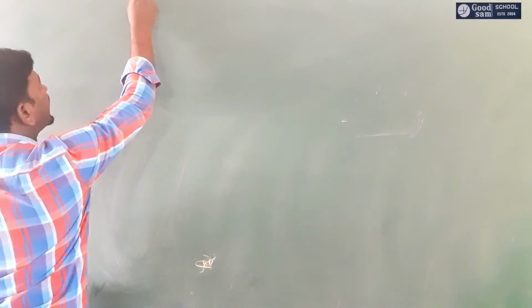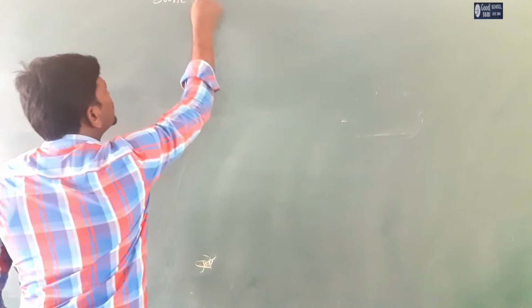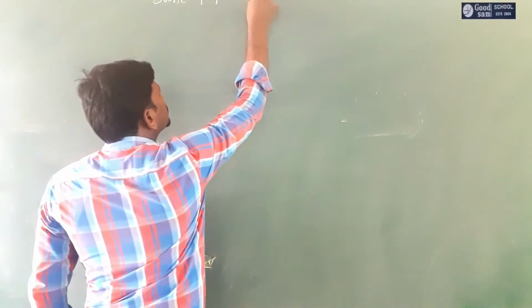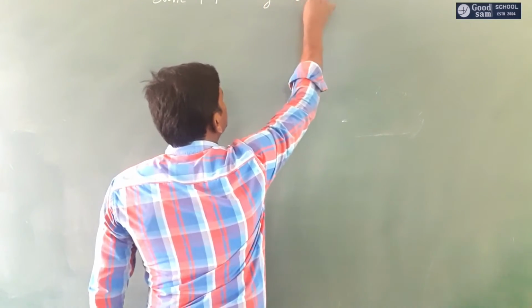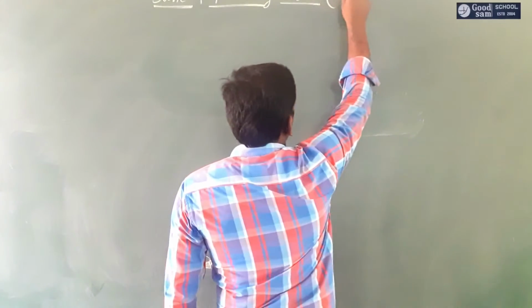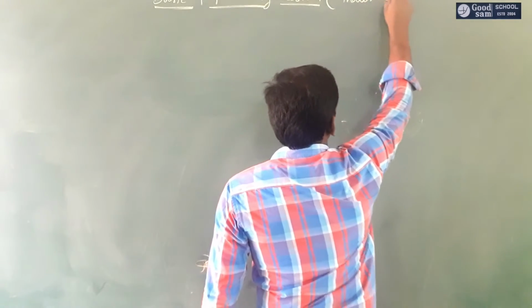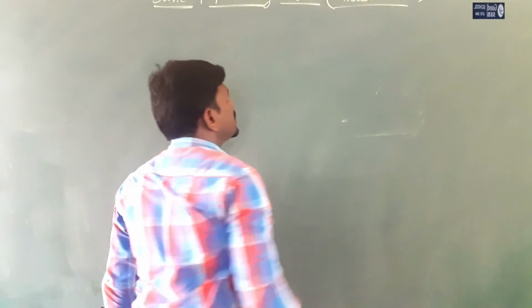Okay, first you have to write the heading of the theorem. Basic proportionality theorem, or Thales theorem.